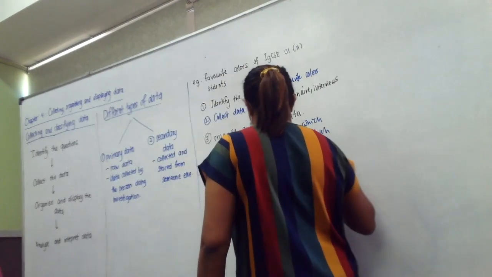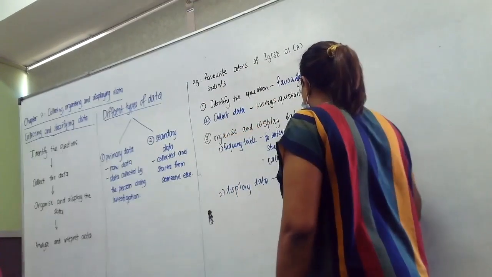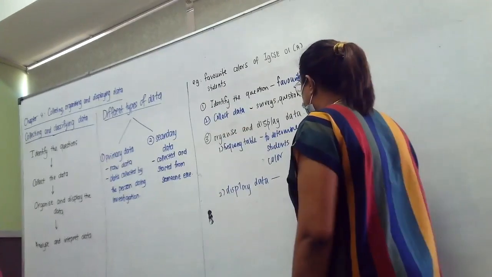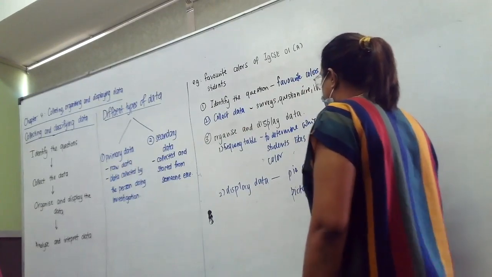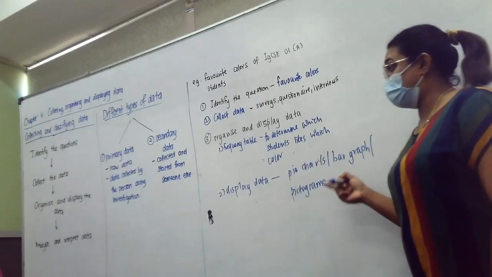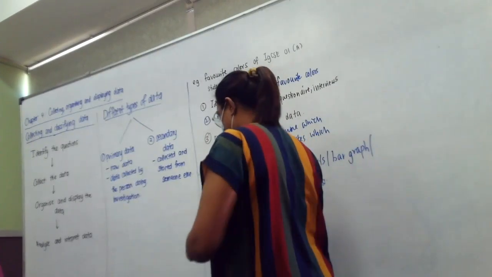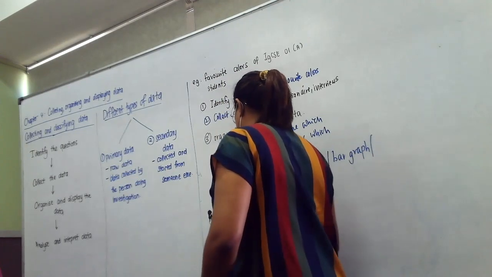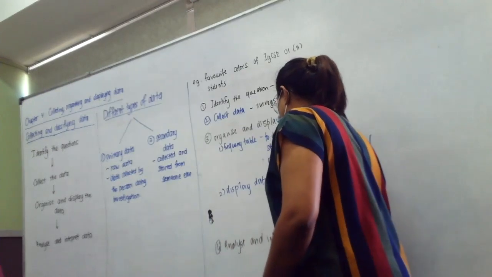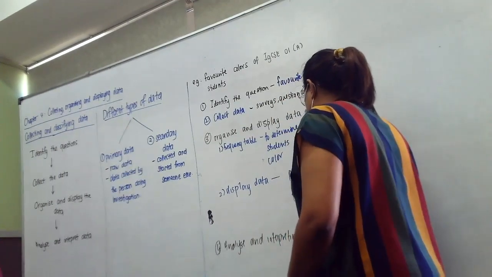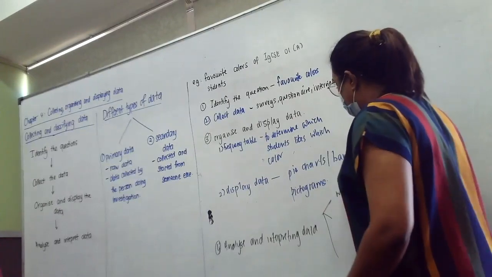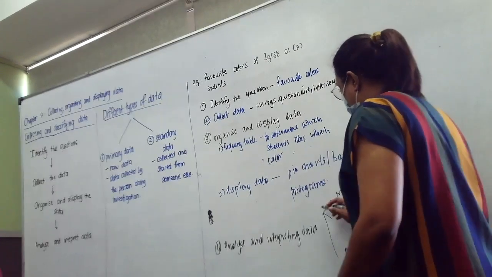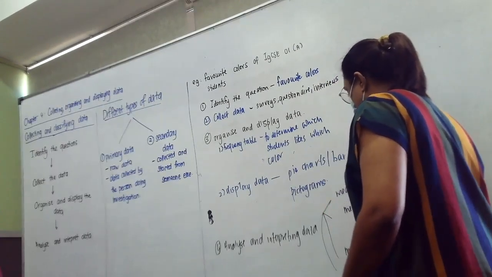You can display your data through pie charts, bar graphs, and pictograms. Then number four, you analyze and interpret the data, which is your mean, median, mode, and range.